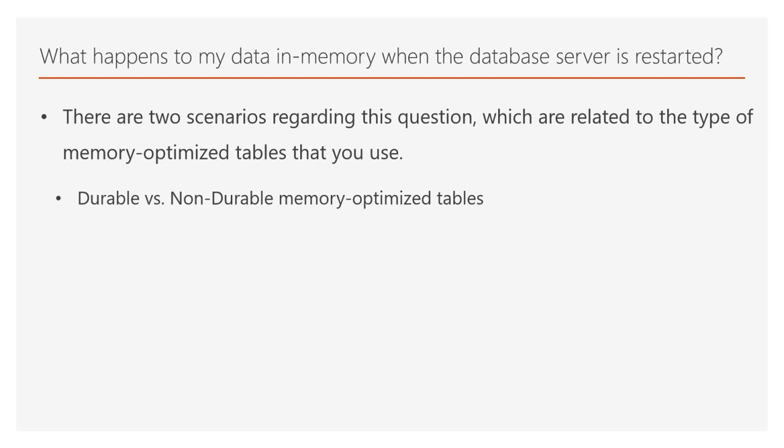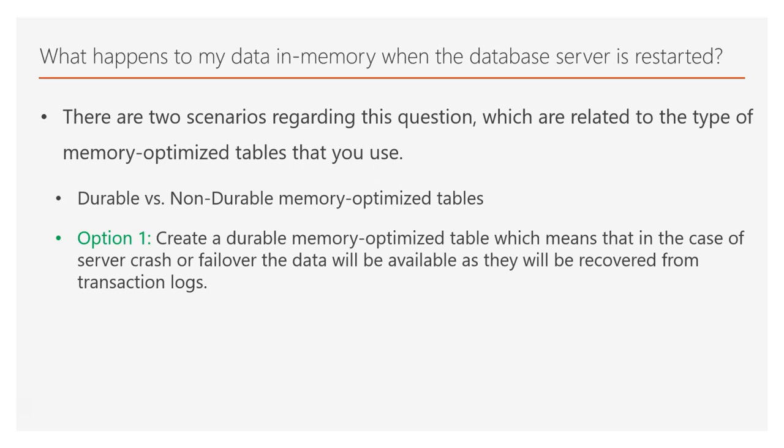The first option is where you create a durable memory-optimized table, which means that in the case of a server crash or failover, the data will be available because it will be recovered from transaction logs. Durable memory-optimized tables, besides storing the data in memory, also store the logs of all transactions on disk in order to be able to reconstruct the table in memory in the case of a server failover or crash.